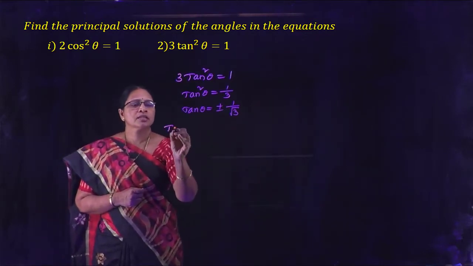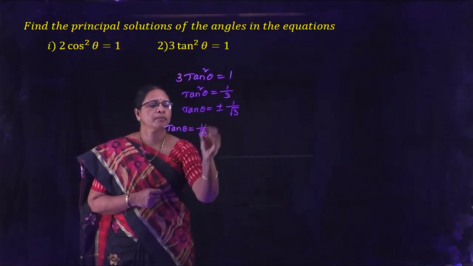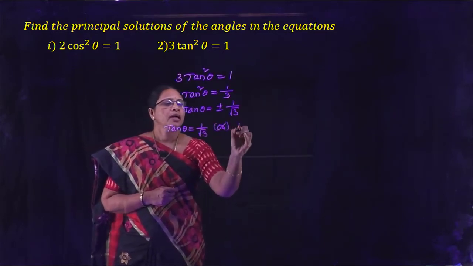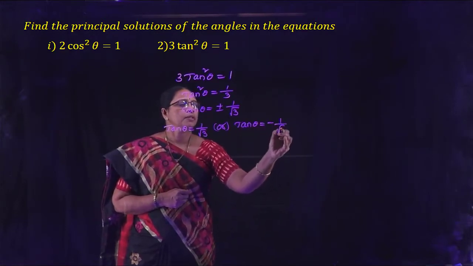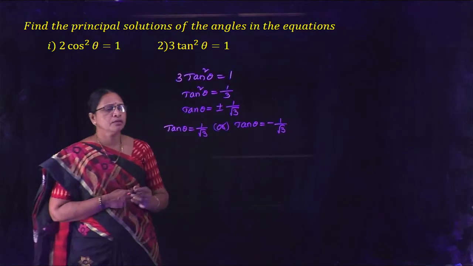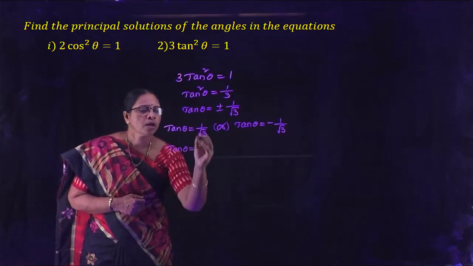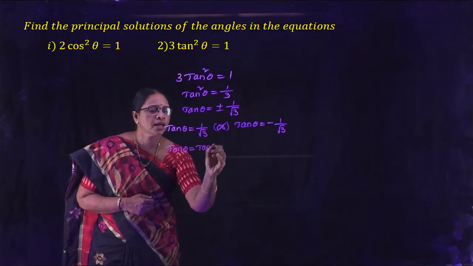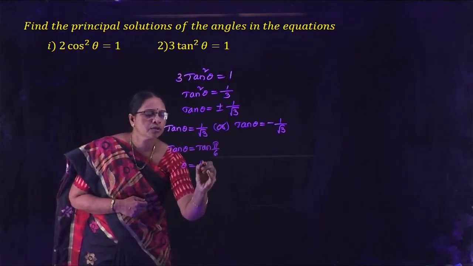First case is tan theta is equal to 1 by root 3, or tan theta is equal to minus 1 by root 3. In the first case, tan theta is equal to 1 by root 3, which is tan pi by 6. Here theta is equal to pi by 6.